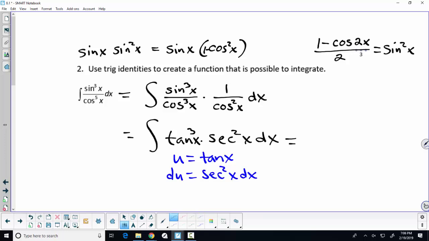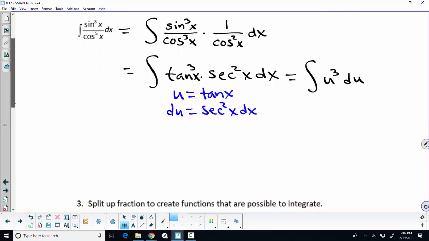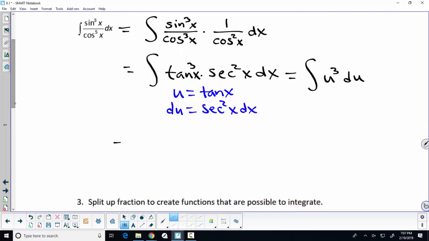Tangent to the third is now u to the third, du for secant squared dx. So that's u to the fourth over 4 plus c, which is tangent to the fourth over 4 plus c.